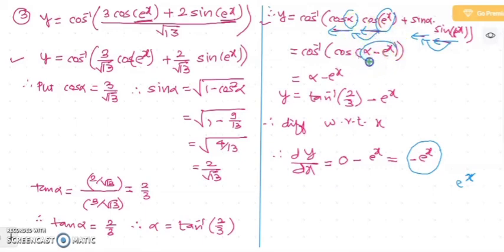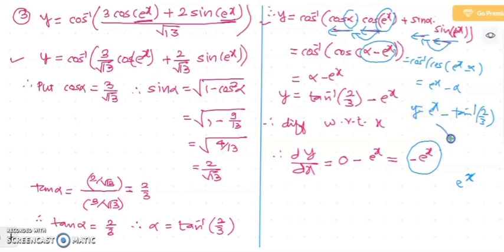So this will be written as cos inverse of cos of e raised to x minus alpha, which is just e raised to x minus alpha, which means e raised to x minus tan inverse of 2 by 3. Differentiating that you will get e raised to x minus 0. So you get the answer e raised to x by making this change.